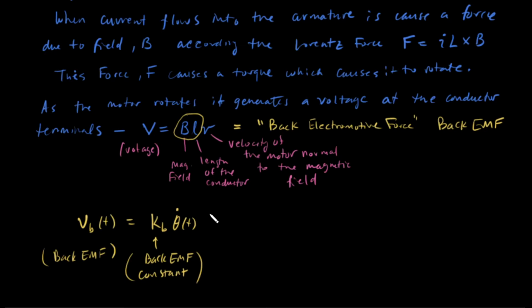And we can take the Laplace transform of this, and we get V_B(s) equal to K_B s theta_m(s), where theta_m is the motor angle. So there's our back EMF constant.